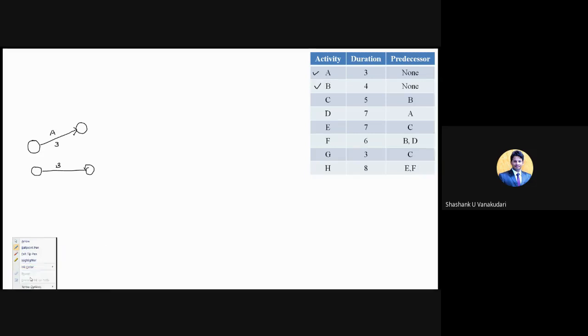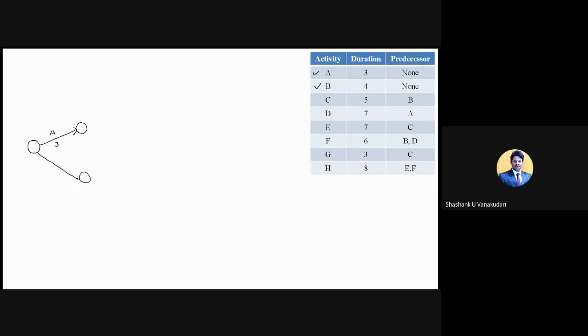I will show you how to draw that. Now I will write one more activity, activity B here. Just join this.